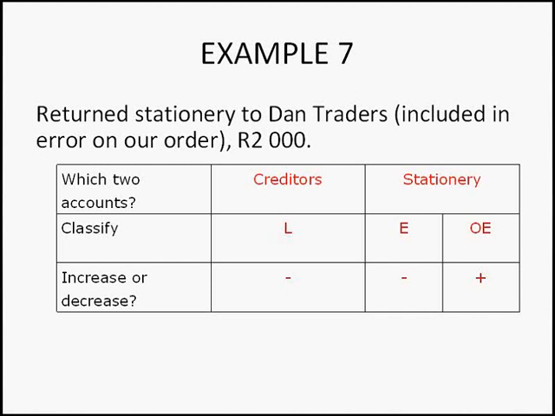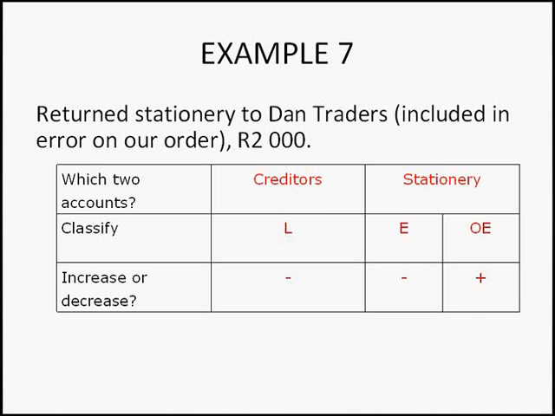So my creditors decreased and my stationery, my expense, decreased. And the effect of the expense decreasing on my owner's equity means that my owner's equity now increases. Because I've given back some of this expenditure on stationery, it means my pot is bigger again.